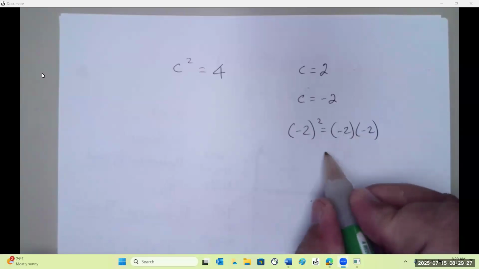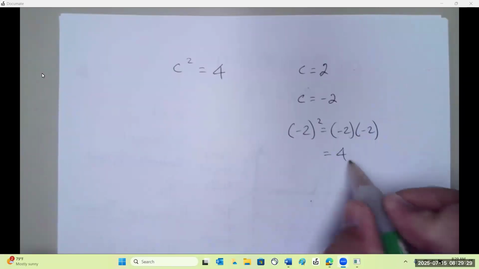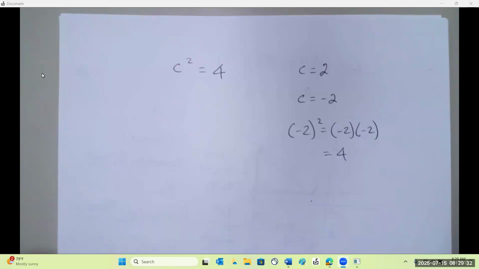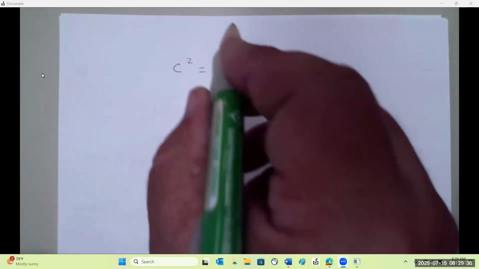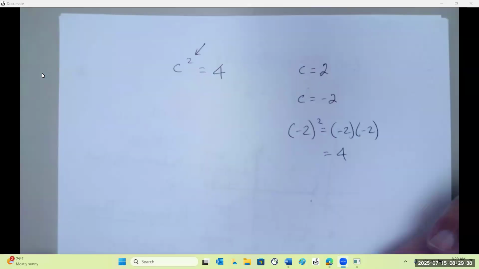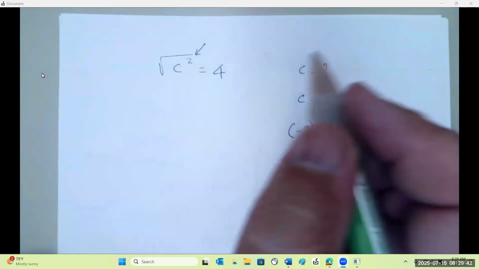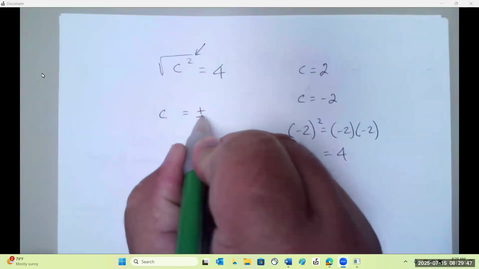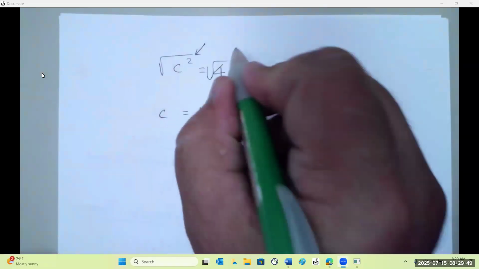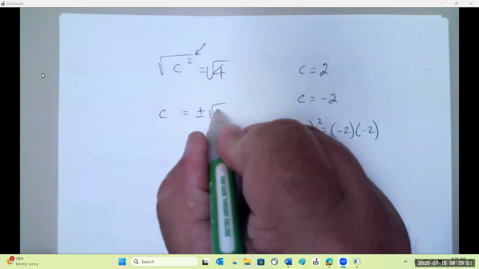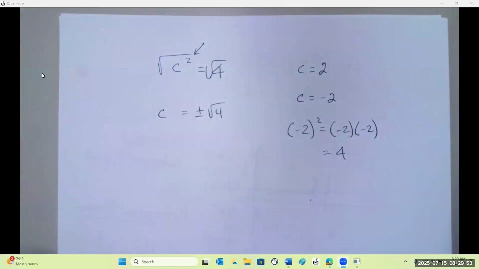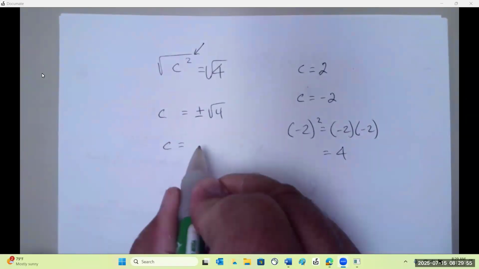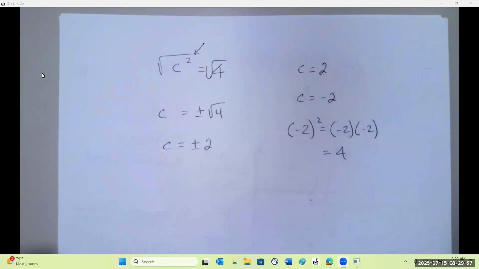Negative times negative, 2 times 2, is 4. Whenever the power is even and you get rid of it as a square root or a fourth root, what you have to do is put a plus or minus in front of the answer. So c can equal plus or minus 2.